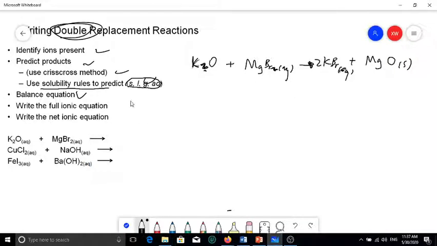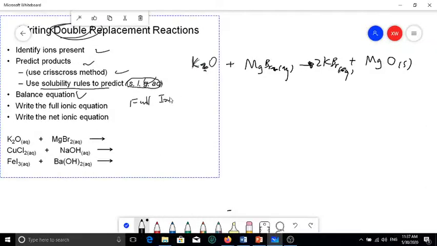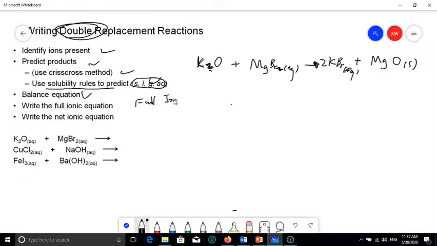Now the full ion equation is going to be basically expanding all of these molecular compounds separately, breaking them into cation and anion form. So we're going to write all of the ions out.